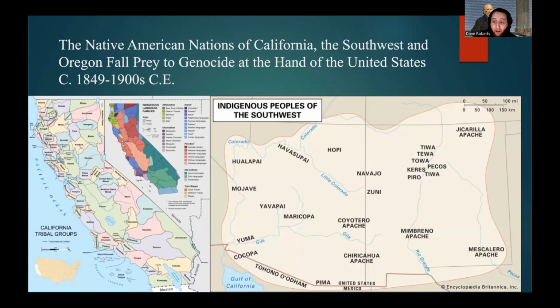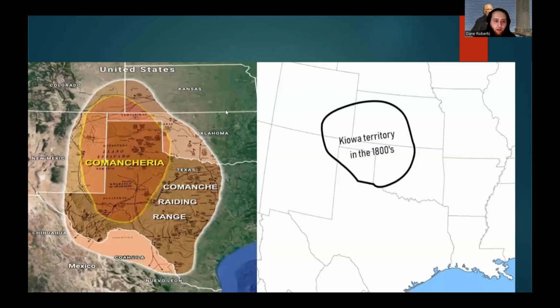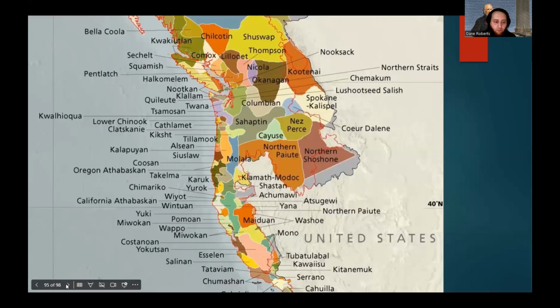There was also the Great Basin and the Great Plains, with these genocides happening between 1849 and well into the 1900s CE. And here's maps of Native American nations here, as well as here and here, and here.